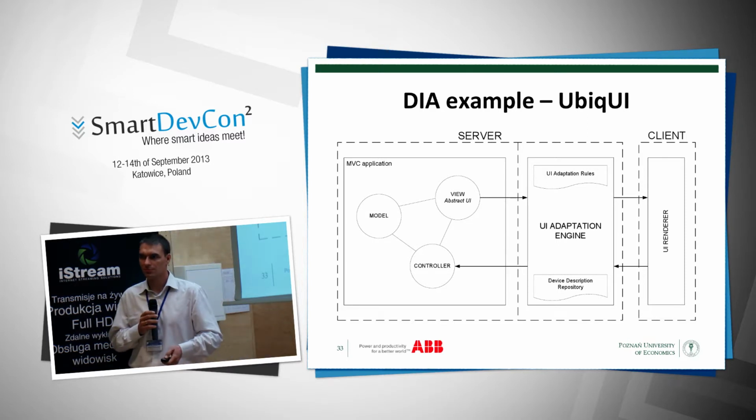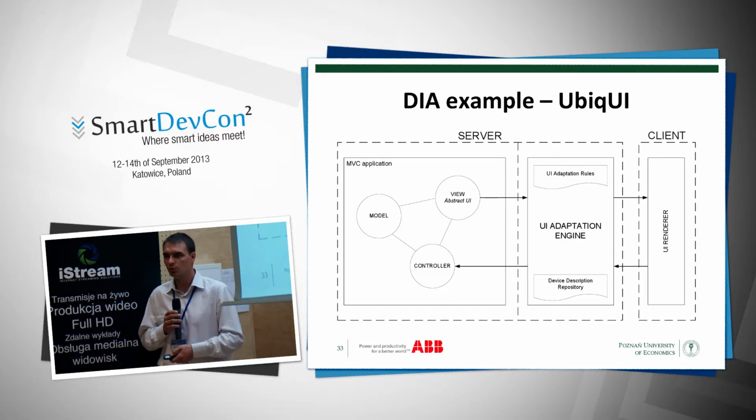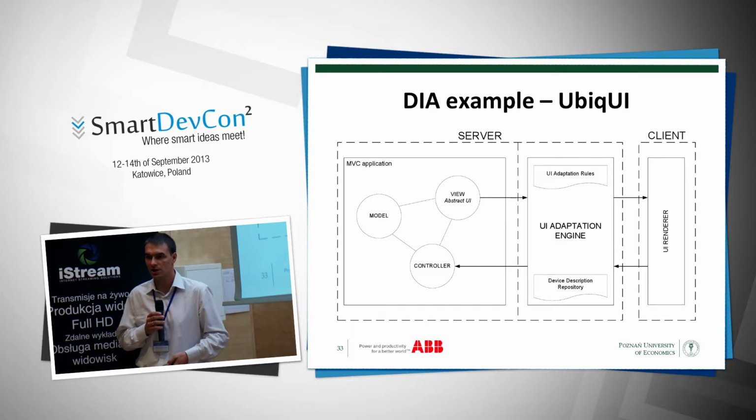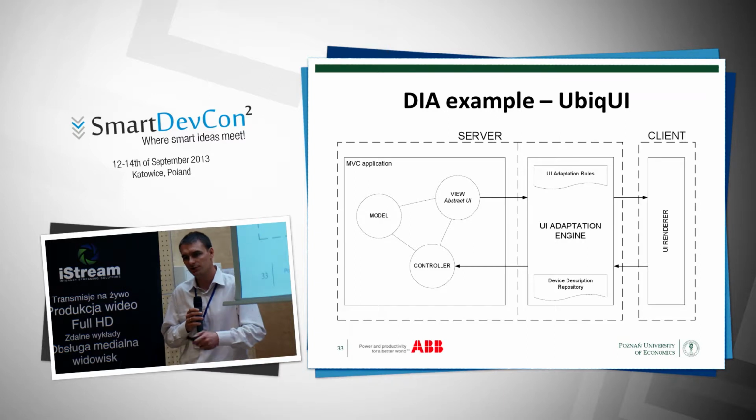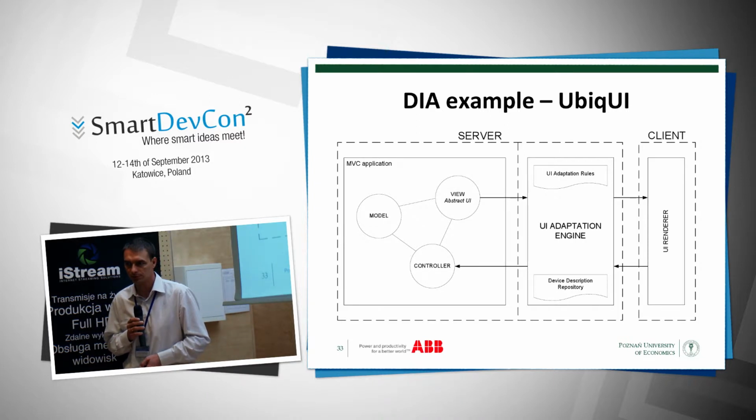How to gather device capabilities without asking the device directly, and how to render the final UI tailored for a given device, changing, for example, the format. From one device it should be HTML, but for another device and different client it should be XAML because it's a Windows Phone client, for example.